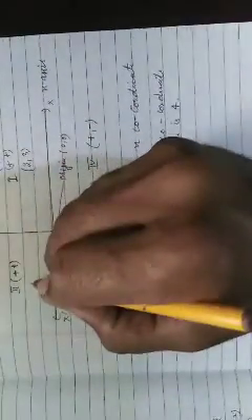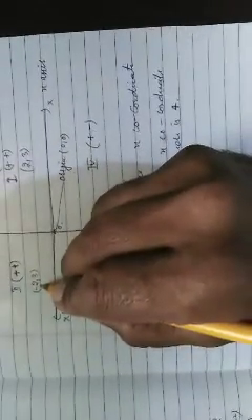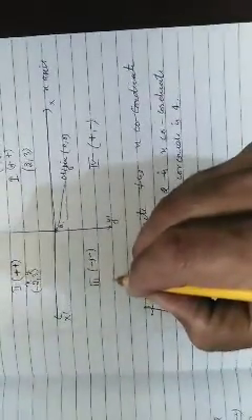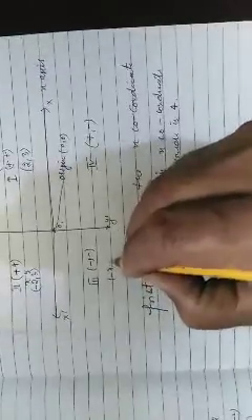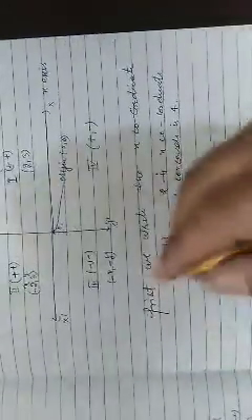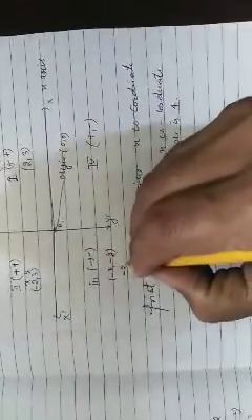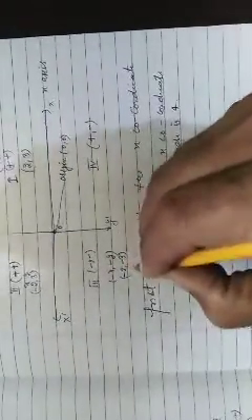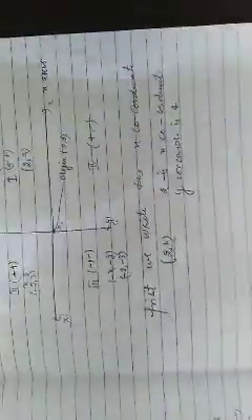In the second quadrant x is negative. As we write (-2, 3), x is negative and y is positive. Similarly, in the third quadrant x is negative as well as y, so we write (-2, -3).